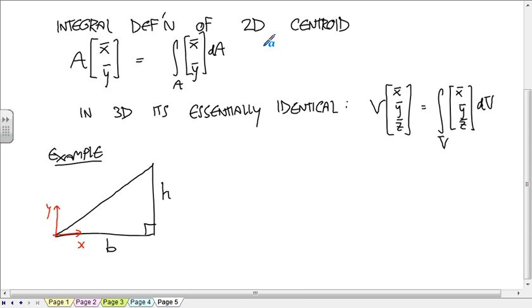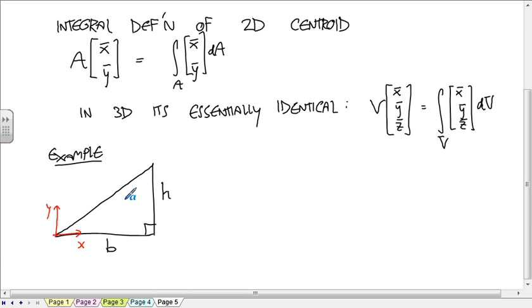If we're going to use this integral definition, and this is true of integral problems in general, the first thing you have to do is figure out how you're going to organize your increments. We're looking for little increments of area. So what's a good way to organize this?